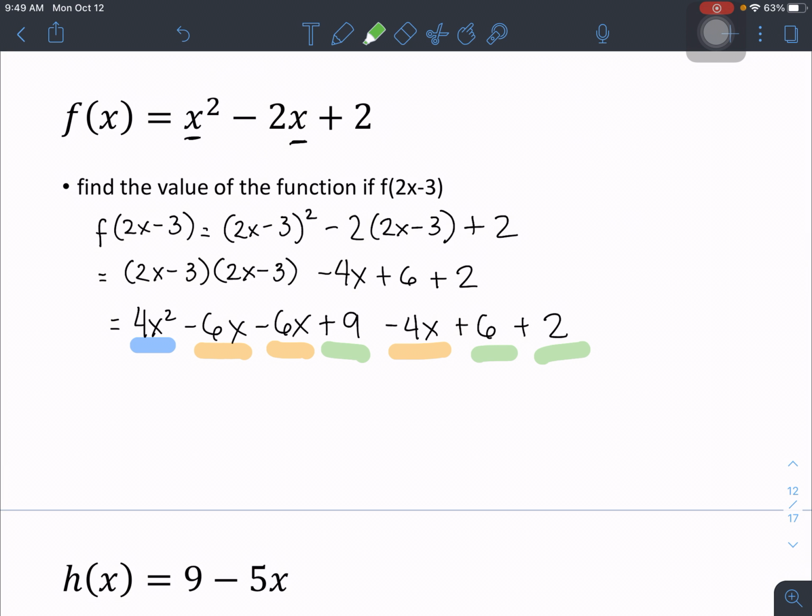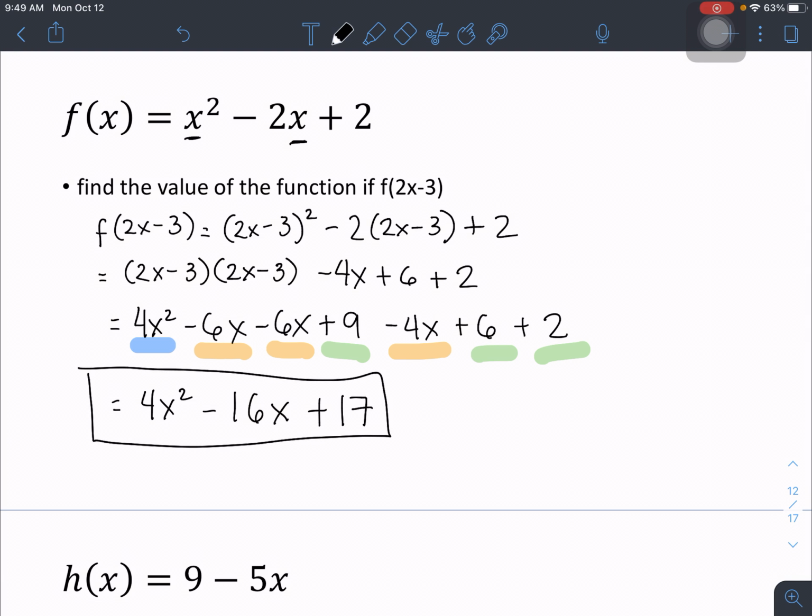So we just need to simplify this equation by combining all the similar terms. So 4x squared, negative 6x minus 6x will be negative 12x, minus 4x will be negative 16x. Plus 9 plus 6 will be 15, plus 2 will be 17. Okay, so this is our answer.